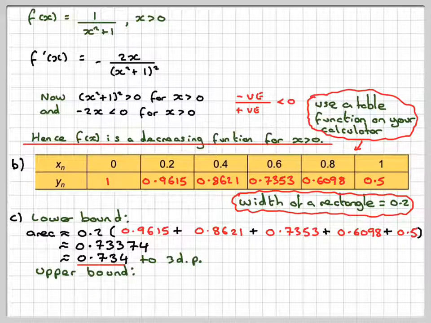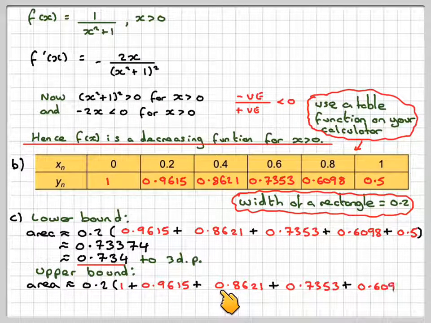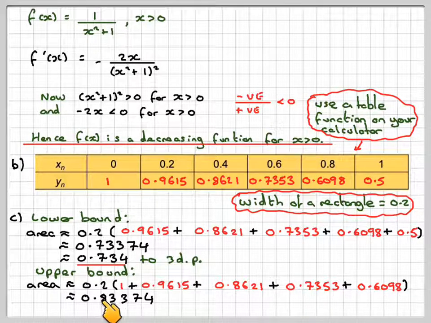So the upper bound, the area, will be 0.2 times 1 plus 0.9615, 0.8621, 0.7353, 0.6098. So we're not taking the last one, and that will give approximately 0.83374, and to 3 decimal places that will be 0.834.